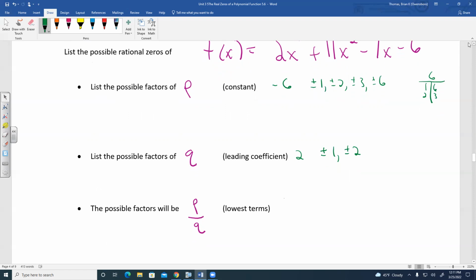I have plus or minus 1 over plus or minus 1, and then the plus or minus 1 goes with the 2, so plus or minus 1 over plus or minus 2.